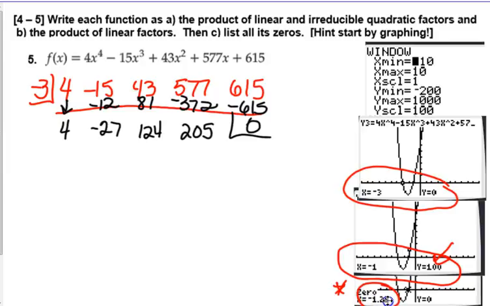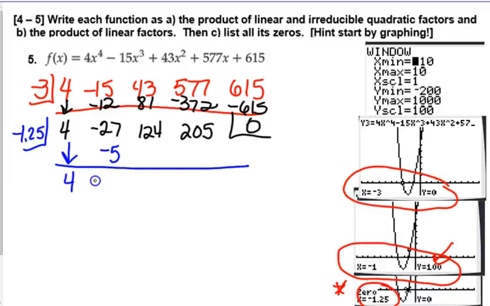Yeah, we can use negative 1.25 or negative 5/4, either one. Okay, they're equivalent. You want me to use the decimal? Most of you are happy with your calculator in a decimal. Bring down the 4. 4 times negative 1.25 should be negative 5. Added to negative 27 is negative 32. Times negative 1.25, 40.